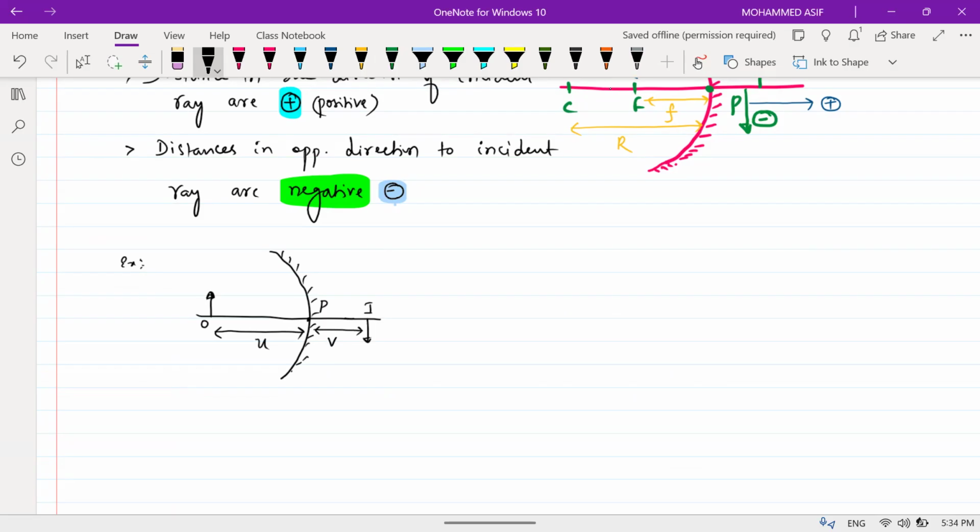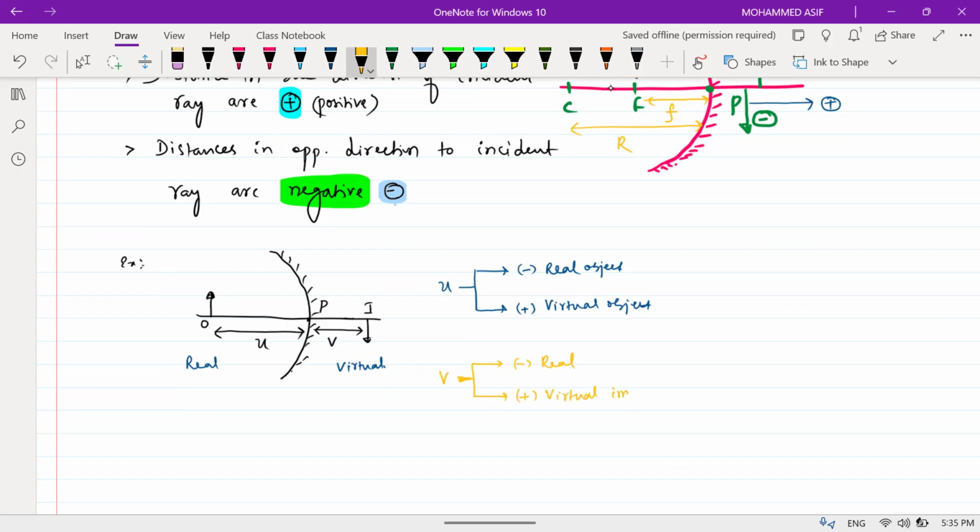Okay, now see here what I'm writing for this one. U is negative for real image or real object. ఓకే, అదేవిధంగా u is positive for virtual object. ఓకే, ఇప్పుడు ఇక్కడ ఉంటే రియల్, ఇక్కడ ఉంటే వర్చువల్. ఓకే, అదేవిధంగా if I'm talking about your v, v is right now for me negative if it is real, and v will be positive if it is your virtual.